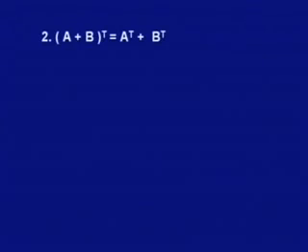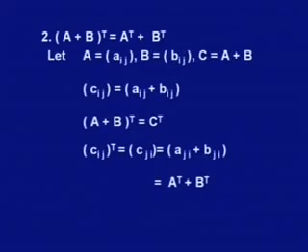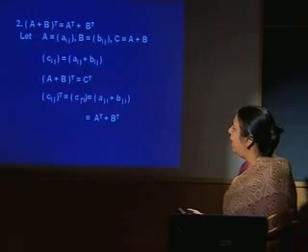Now the second property is that the transpose of A plus B is A transpose plus B transpose. For this, let us consider A as the Aij matrix, B as the Bij matrix, then C is the sum of A and B. So Cij, the typical element of the C matrix, will be Aij plus Bij. Then the transpose of A plus B is C transpose, and the ij element of C transpose will be Cji.